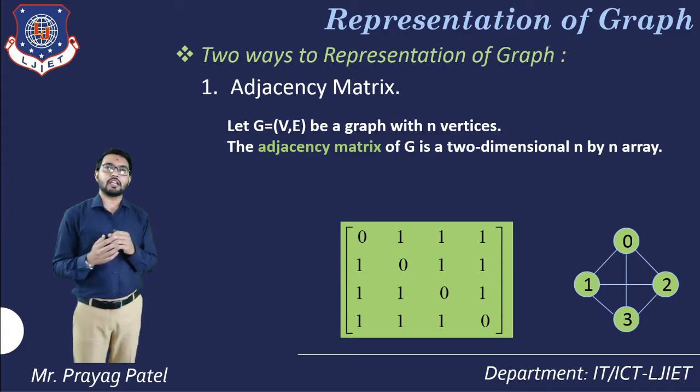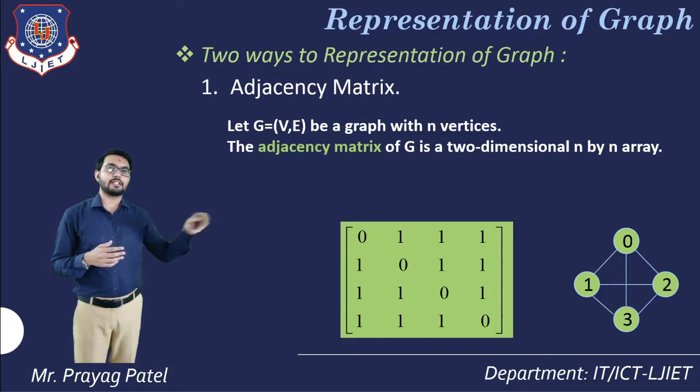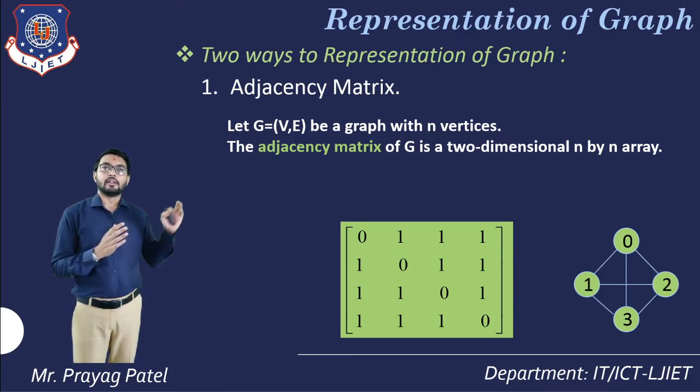Here consider G equal to (V, E) be a graph with n vertices. The adjacency matrix of G is a two-dimensional n by n array. The total number of nodes in this graph is 0, 1, 2, 3, meaning a total of 4 nodes. If we want to represent this graph for the 4 nodes, then consider a 4 cross 4 matrix, n cross n.